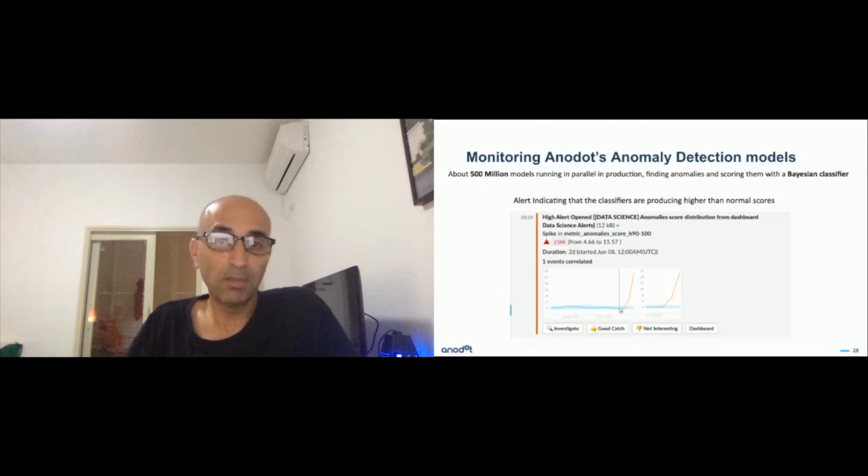Now we need to monitor our models in production, and because we have models for every single time series that flows in, we have hundreds of millions of models running in parallel in production, each one maybe applying the same type of algorithm on the time series, but each one has its own modification to it.